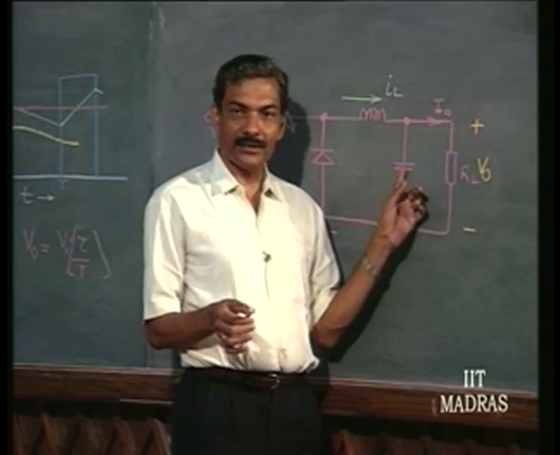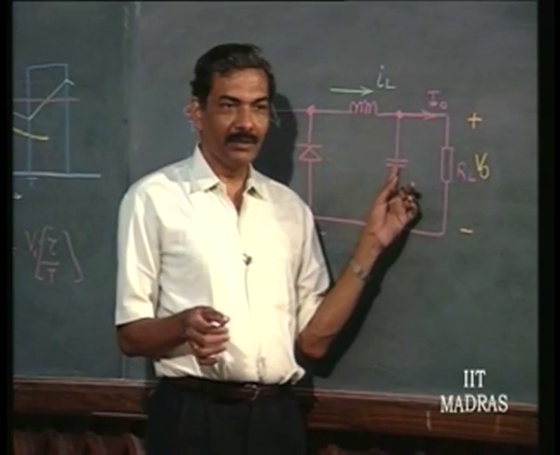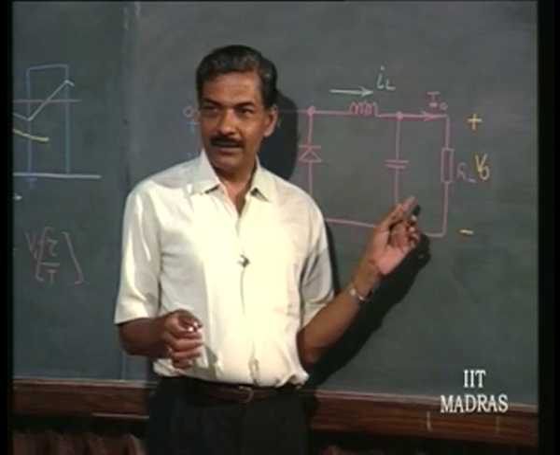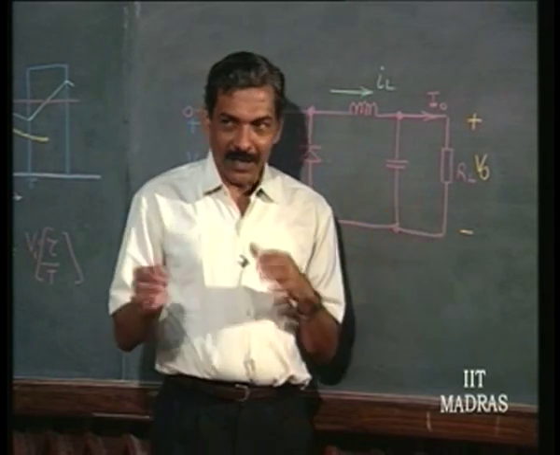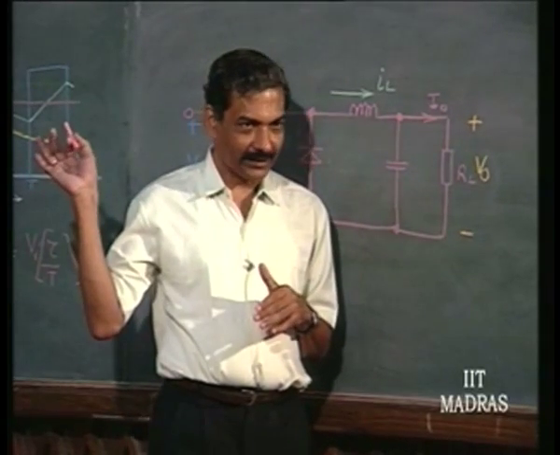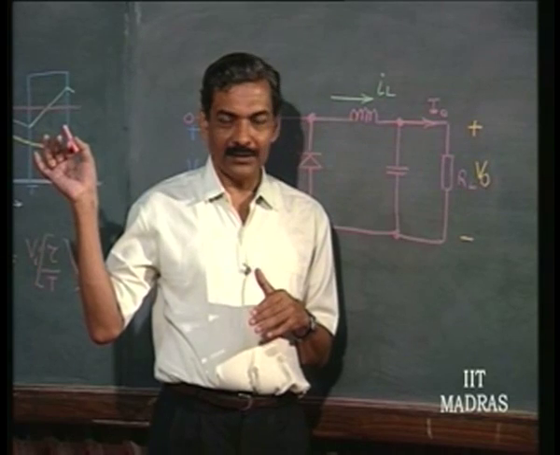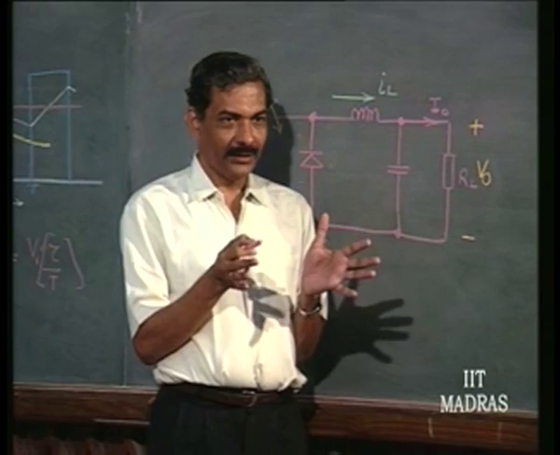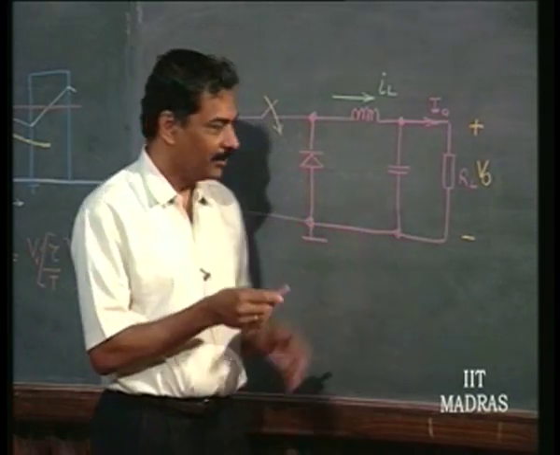If there is a series resistance, the ripple will be totally because of this current flowing through the series resistance. So, if you find the ripple of the output is higher than what you have estimated by this approximation, which is 1 over 8 times delta I L into T into what else? Peak to peak ripple.